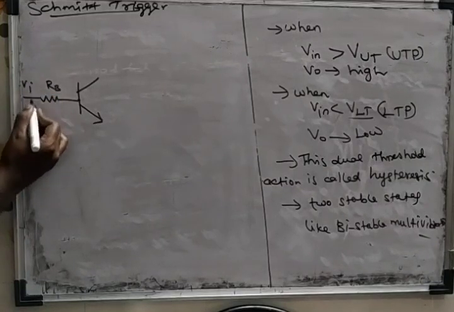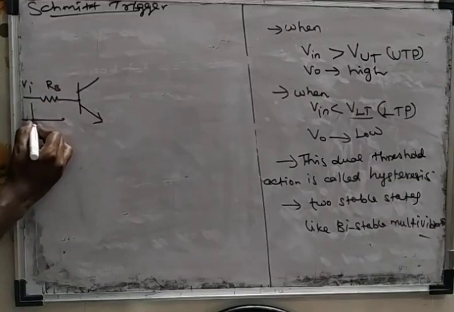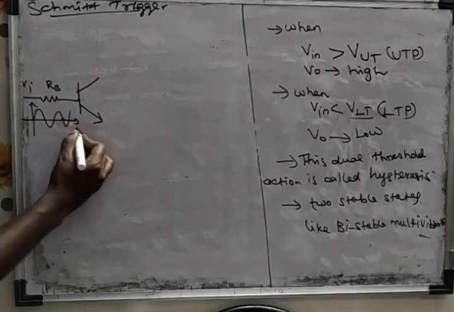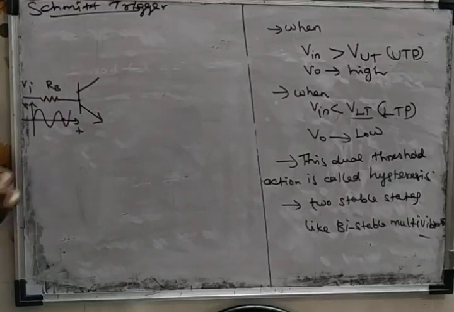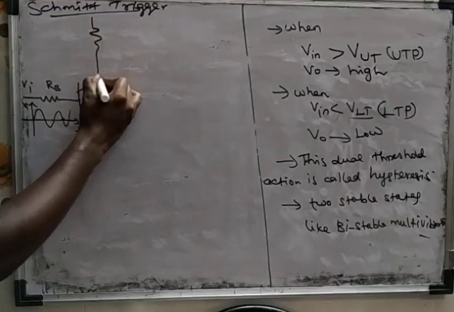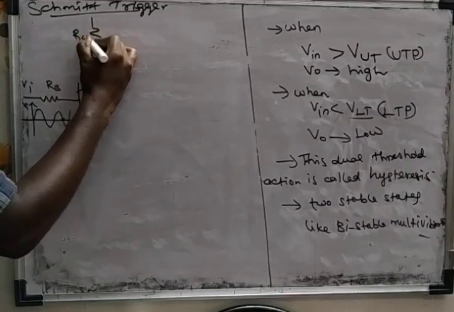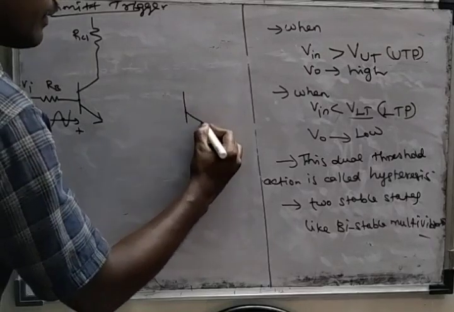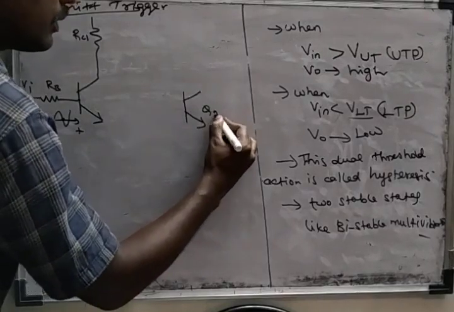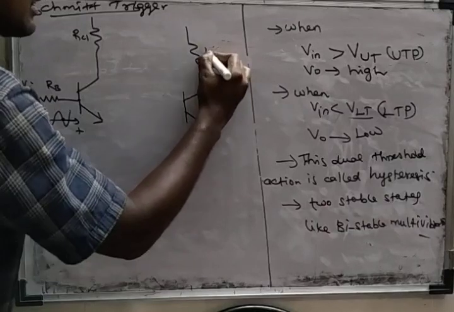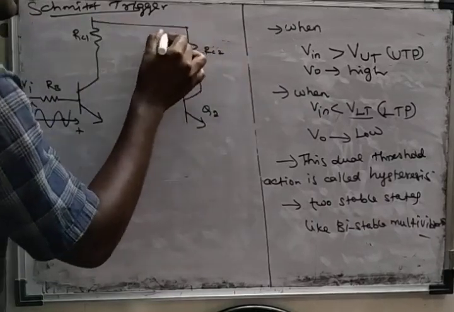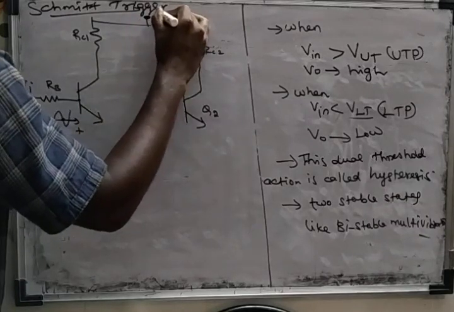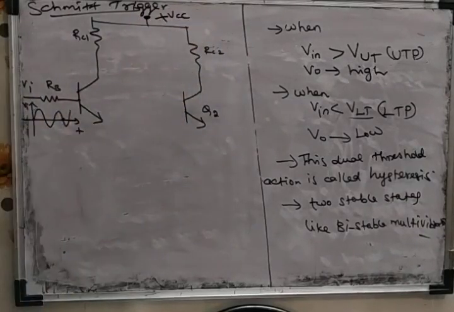Here we have collector resistance RC1, and here we have transistor Q2 with its collector resistance RC2. We tie the two collector terminals together and give the supply voltage plus VCC.